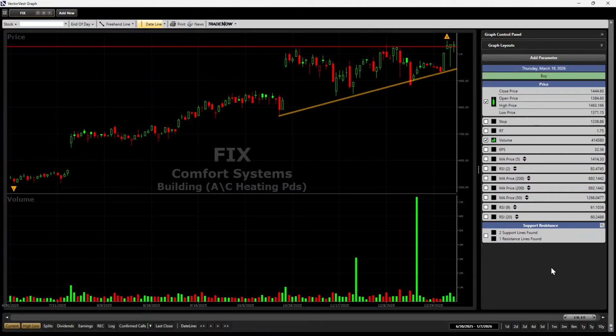There are no scans in VectorVest to find these types of patterns. I like scans. I use scans a lot. Here at VectorVest we have a few different swing trading courses. We have Trade Like a Pro. We have Mastering Moving Averages. Those courses do come with scans, and the techniques taught in those courses we do have scans for.